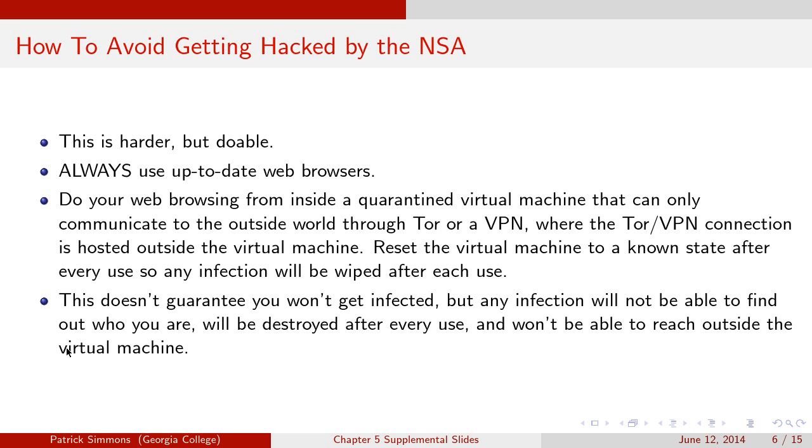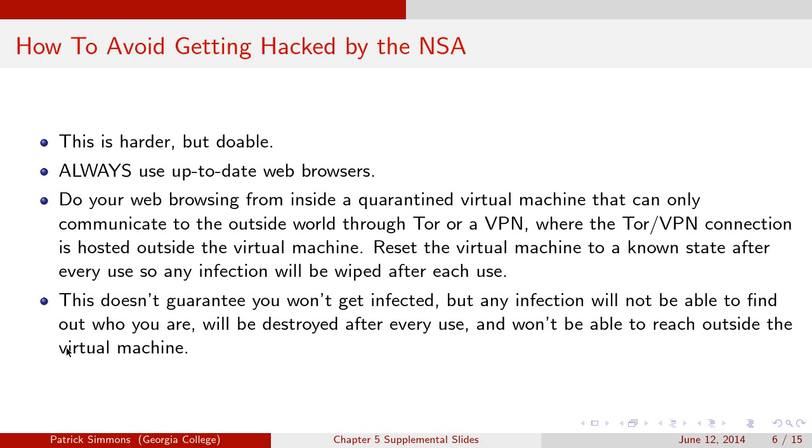What the NSA does to people in particular when they're interested in them, and by the way, this is what the FBI does too, except on a smaller scale. Most law enforcement will do things like this if they're trying to hack into a suspect's computer.